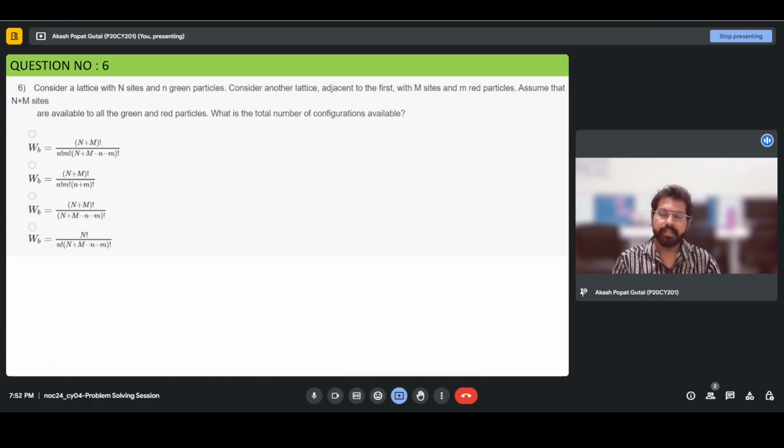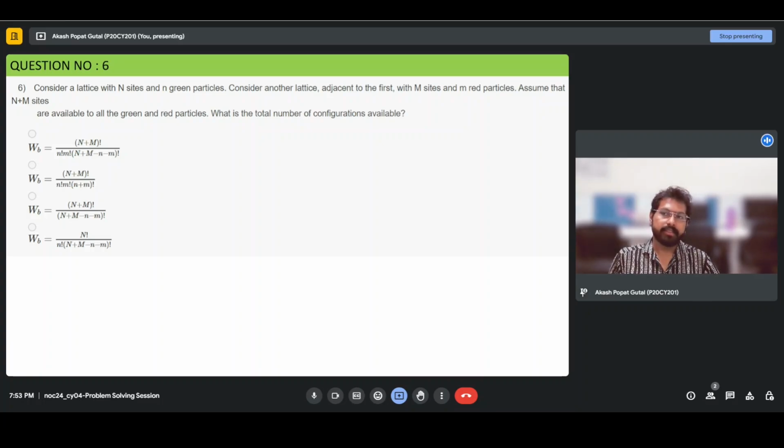So it's a sort of derivation, and we need to use the same background, the same way we have calculated the number of microstates for the system. Same formula, n factorial divided by n1 factorial into n2 factorial into n3 factorial. The same way you need to calculate. But here there are lattice sites which are vacant.